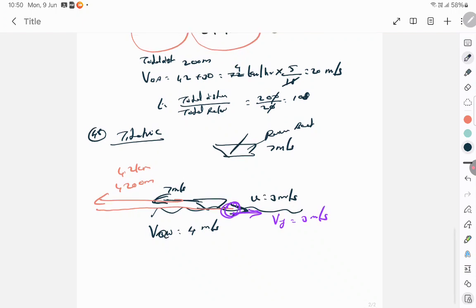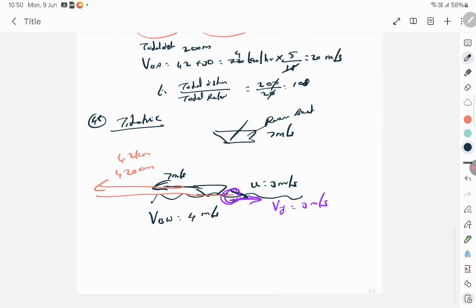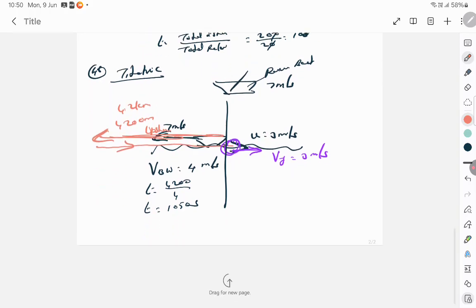Here is the relative velocity of the boat with respect to water I have written, and it's traveling 4,200 meters. The time taken for it to cover this distance, 4,200 by 4, is 1,050 seconds, which is the time taken for covering this distance, the onward journey upstream. Then it's going to take a U-turn and come back towards the float.